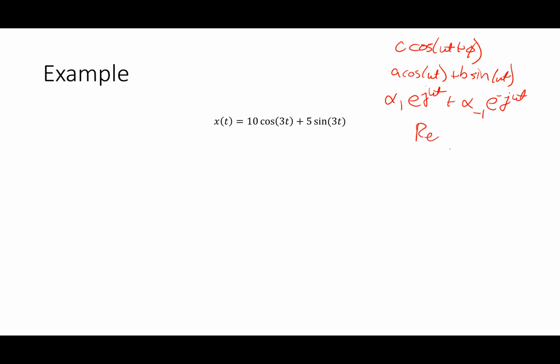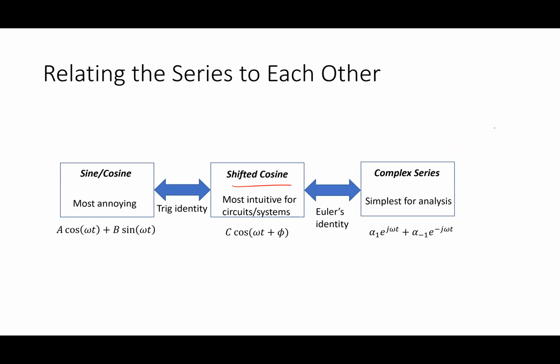And it asks for the phasor, C e to the j phi e to the j omega t. So it's asking specifically for that phasor. My solving approach here is let's choose one of those that I can kind of recognize, and then let's use the formulas to convert between them.